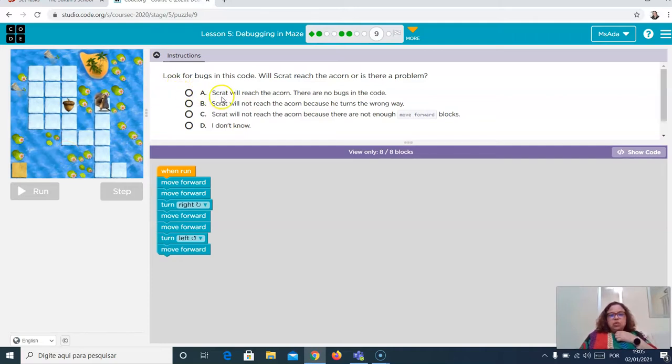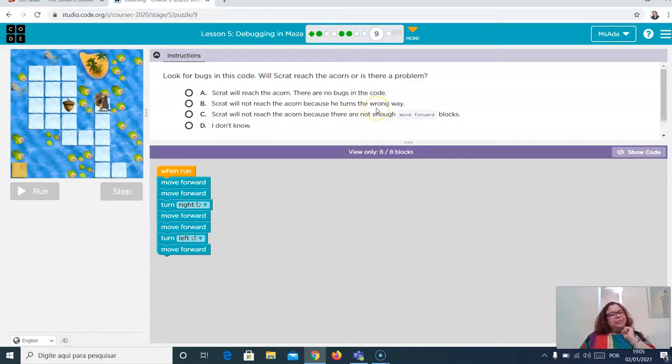A, Scratch will reach the acorn. There are no bugs in the code. There is a bug. I think he doesn't need to turn left here. That's right. B, Scratch will not reach the acorn because he turns the wrong way.